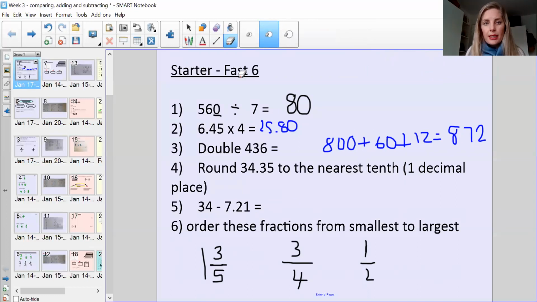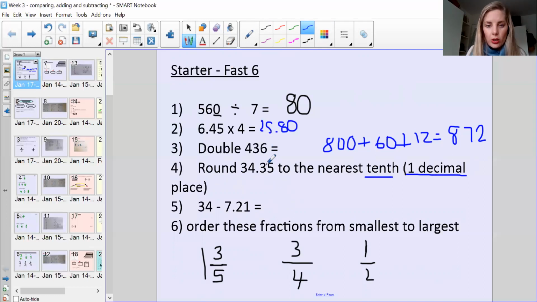So 872. Right, the next one, we're going to round this number to the nearest 10th, which means the 1 decimal place afterwards. So I'm going to go to the 1 decimal place, which is here, our 10th column. I'm going to underline the next number next door. Remember, if it's 5 or more, I'm going to raise the score. So I'm going to raise the number that I've circled and it's going to round up.